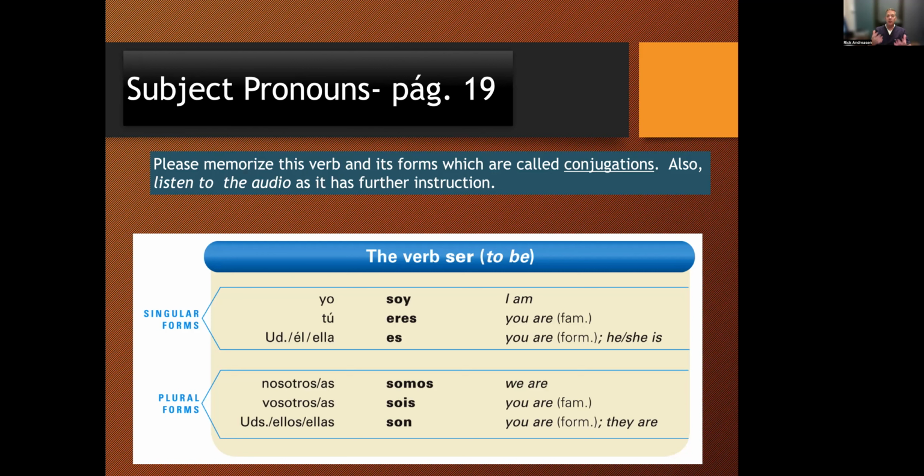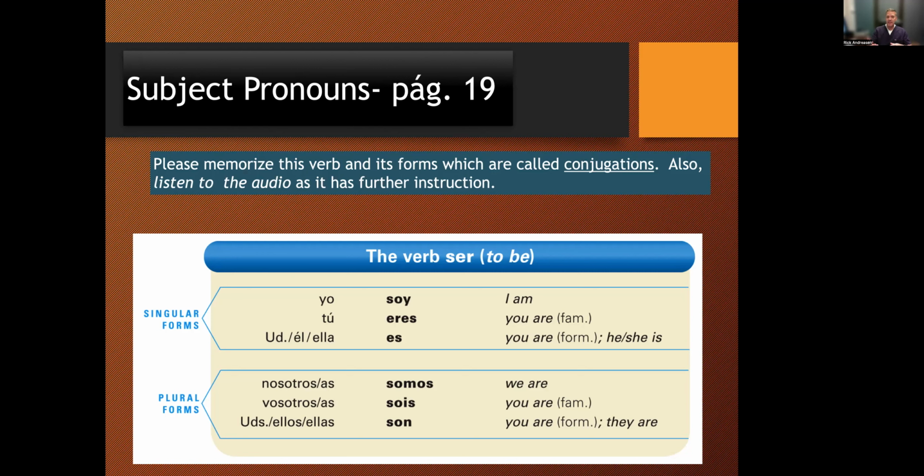Clases repitan, soy. For tú, it's eres. Eres. Remember, for the E, you're going to go wide with your mouth. Eres. Clases repitan, eres. For usted, remember we said usted, even though the second person is following the third person singular conjugation. Usted, él, or ella, it is es.